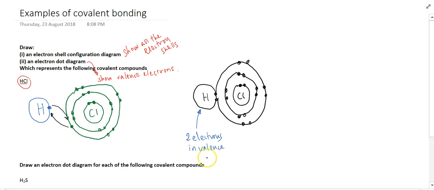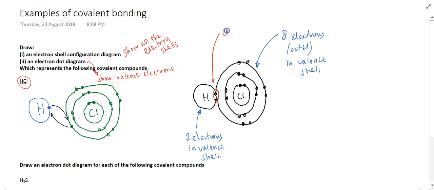So hydrogen has a full outer shell, and chlorine has an octet. So it has 8 electrons, an octet in its valence shell. So chlorine's happy now. This covalent bond here, circled in red, has enabled both elements to obtain full outer shells.